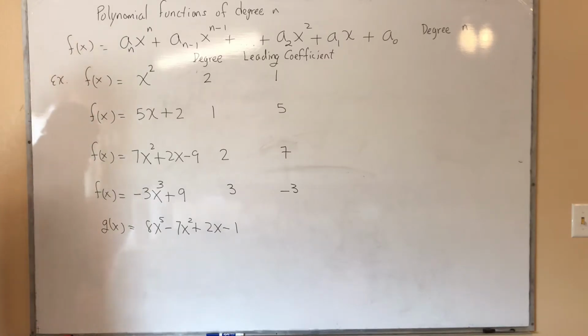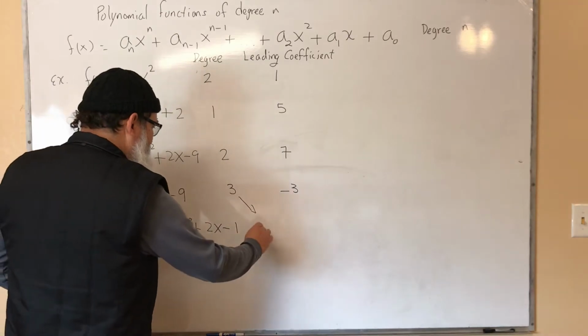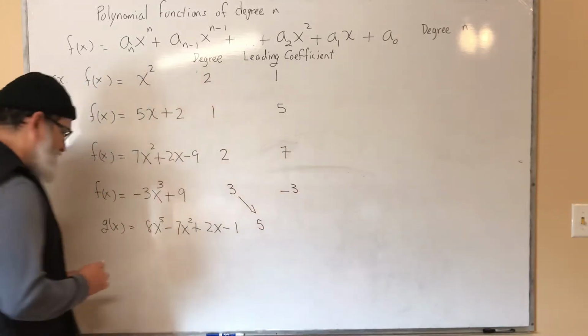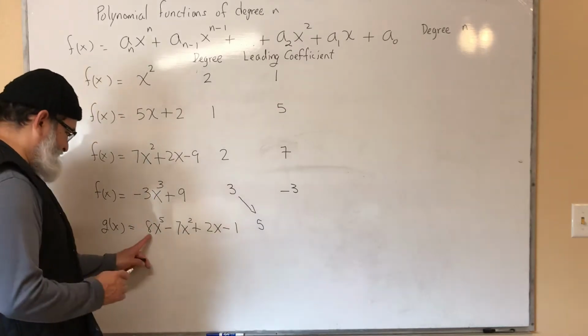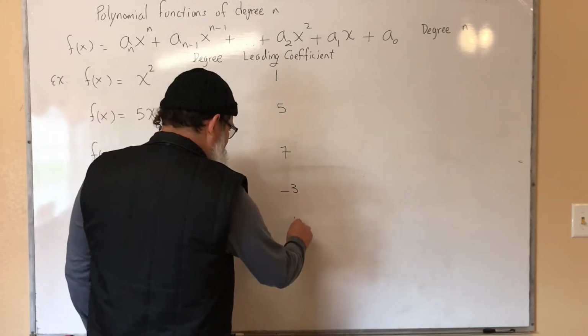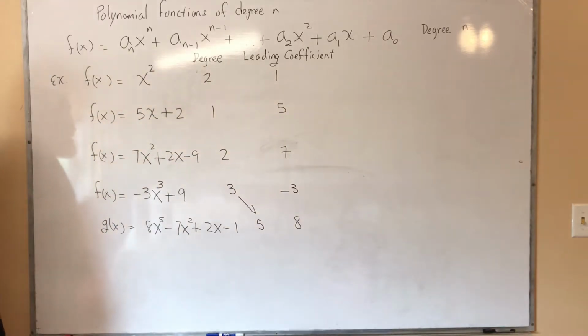The degree for this polynomial function is 5. There it is. What's the leading coefficient? 8. Very good. So these are polynomial functions.